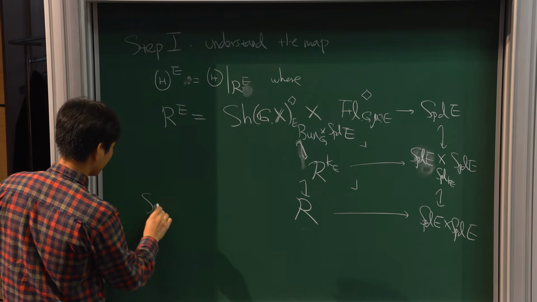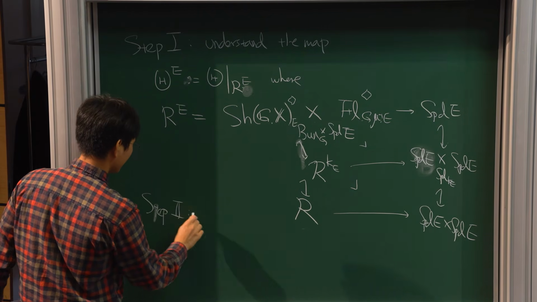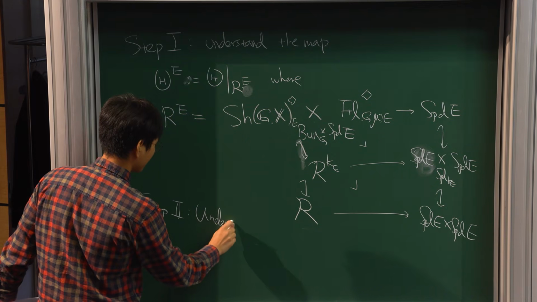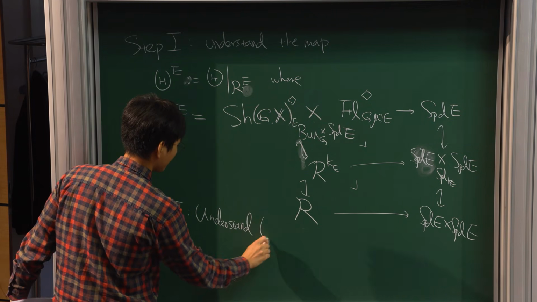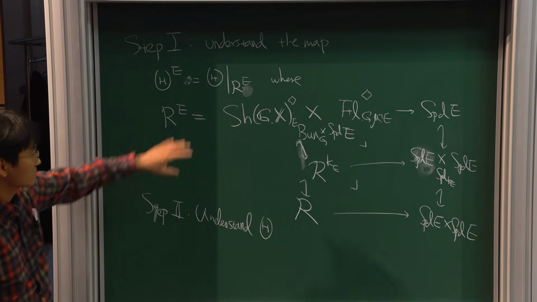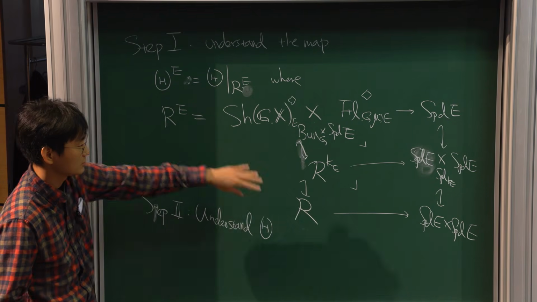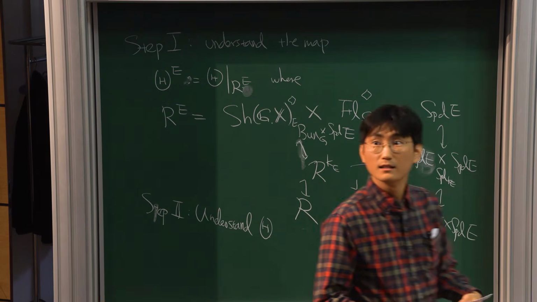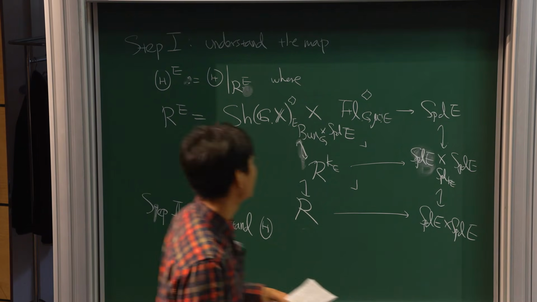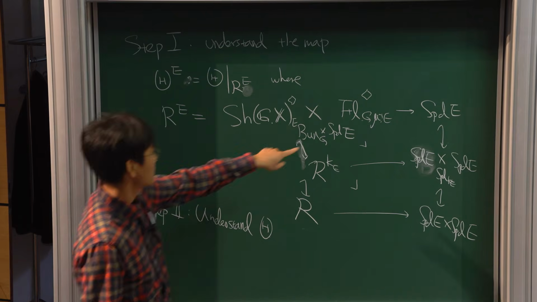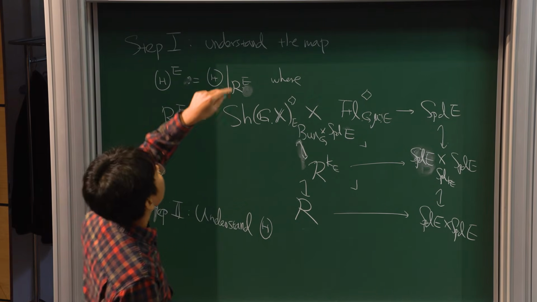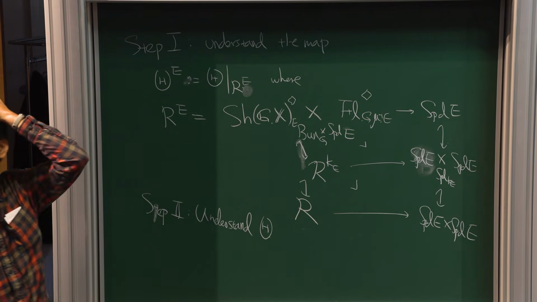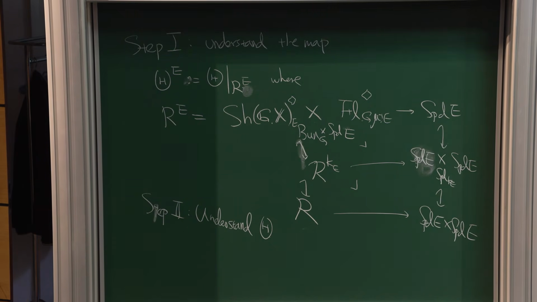And then step 2 is to understand theta and somehow bootstrap the uniqueness over here to a uniqueness over R. So what's the final product? Spd cross Spd over what? Spd over E, the local reflex field. Yeah, E is the local field. Okay, this is the diamond, but what is in the right?